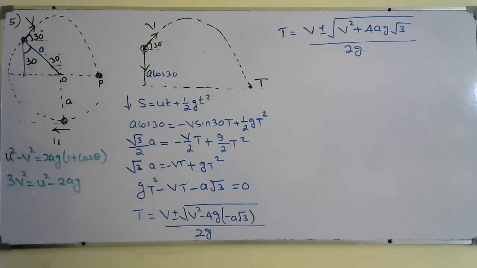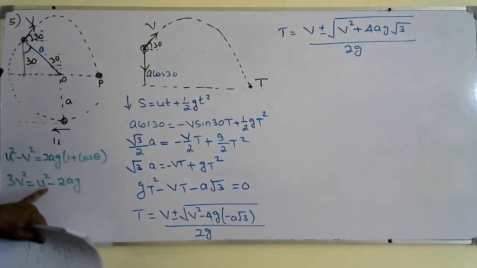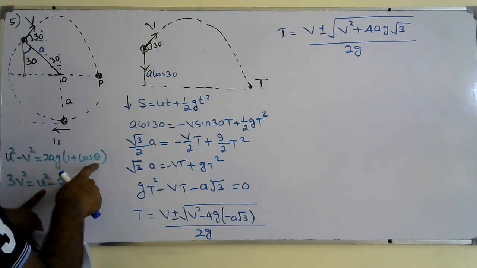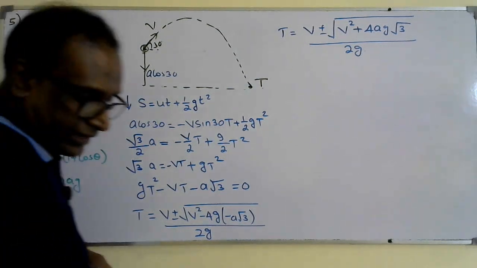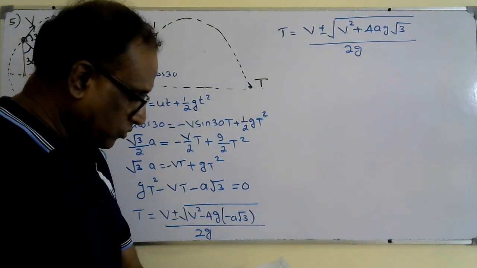Okay, simple. So here u squared minus v squared equals 2ag, this we got it, and we know this format. The final answer consists of v, so from here we will eliminate u by substituting theta 30. So from first equation I write it. So how many marks they are giving for this question? Yeah, 4 marks.